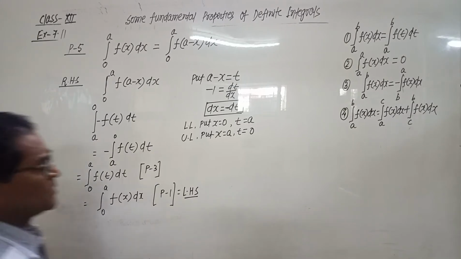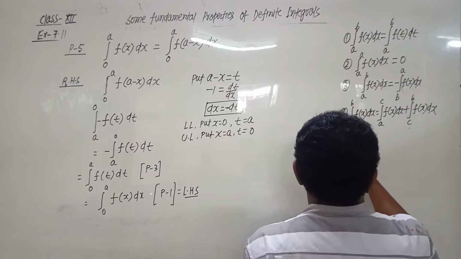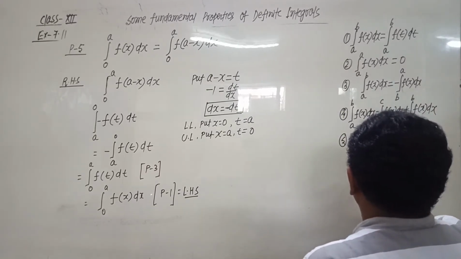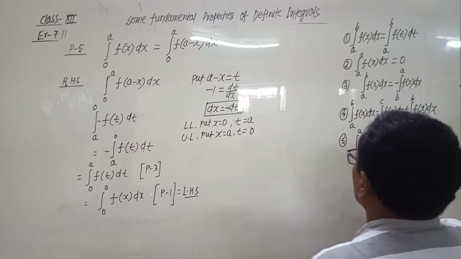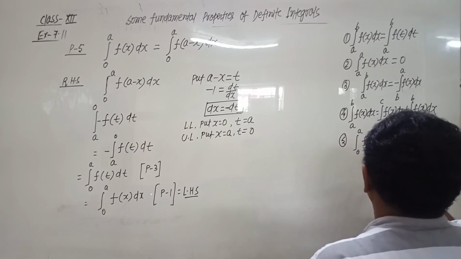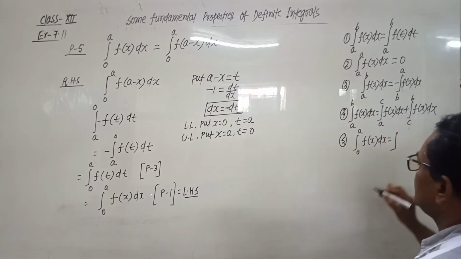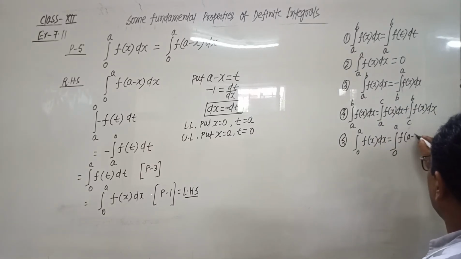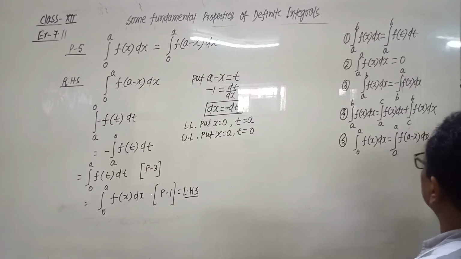So property number 5: integration 0 to a of f(x) dx is equal to integration 0 to a of f(a minus x) dx.